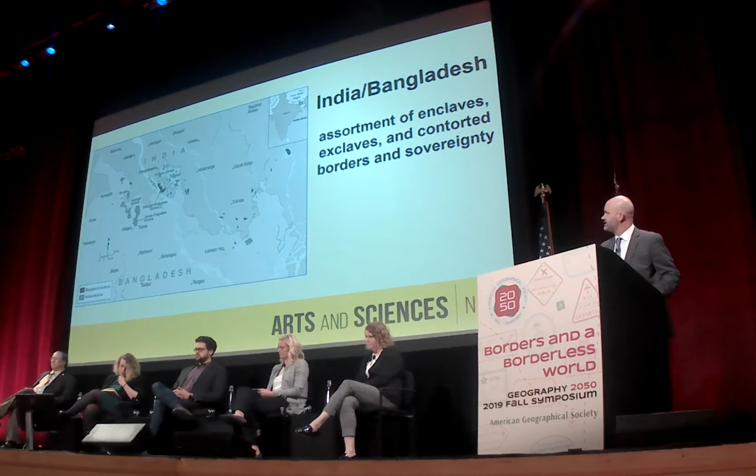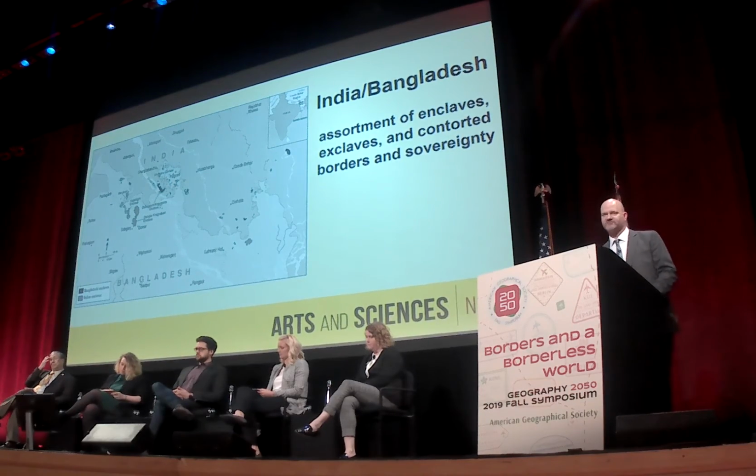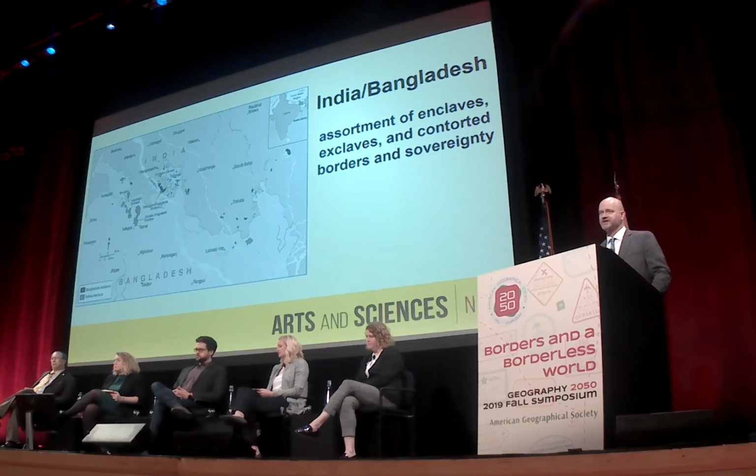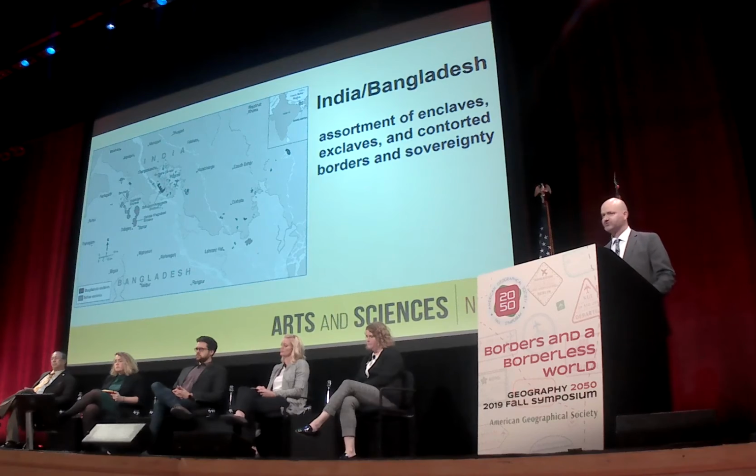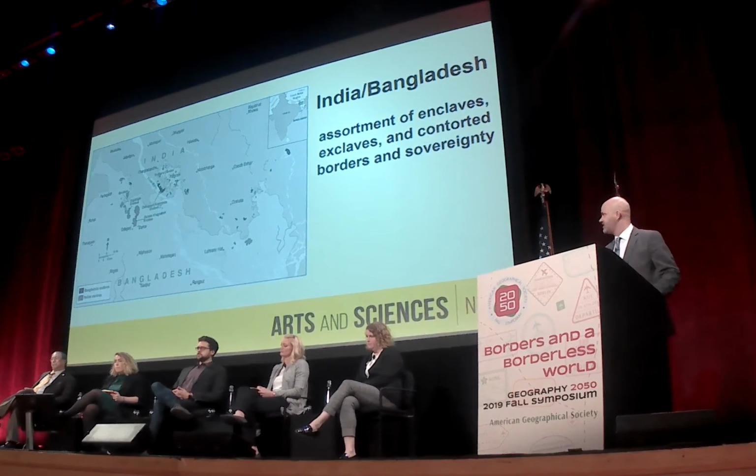All of those little dots, probably hard for you to see out there, are different exclaves and enclaves. Indian territory that is surrounded by Bangladeshi territory and vice versa, including some cases where we have enclaves that are within exclaves. So a very complicated situation that would strike many observers as odd, as perhaps even unnatural.